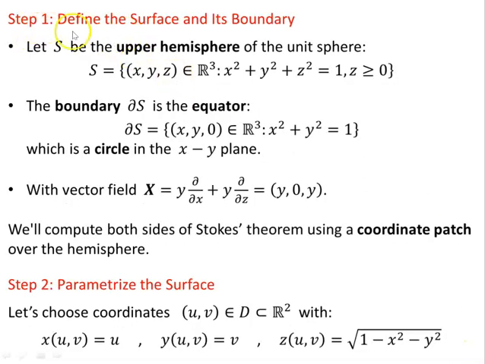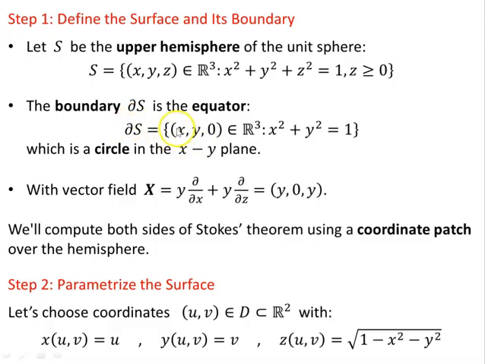So as an example, step 1, define the surface and its boundaries. Let S be the upper hemisphere of the unit sphere. There it is. S is a set of ordered triplets x, y, z that belong to R3, such that they follow the rule x squared plus y squared plus z squared is 1, where z is greater than or equal to 0 because it's the upper hemisphere. And the boundary partial S is the equator.